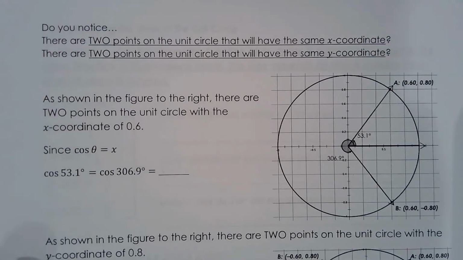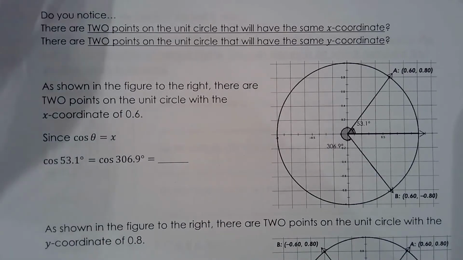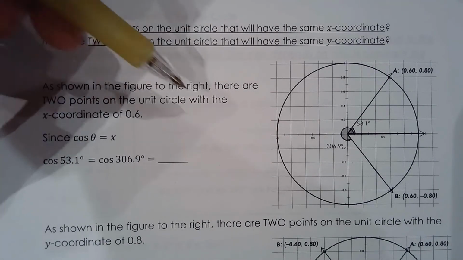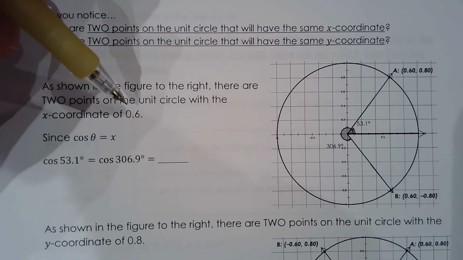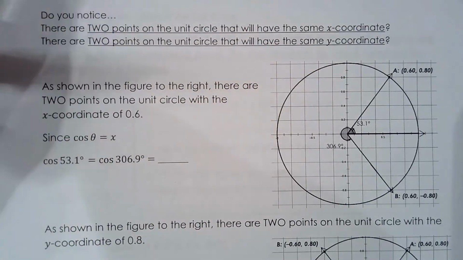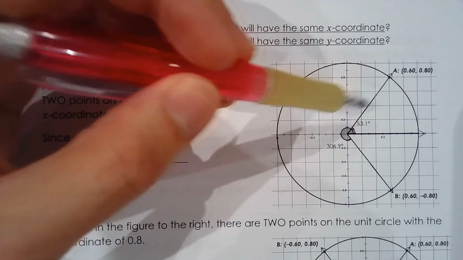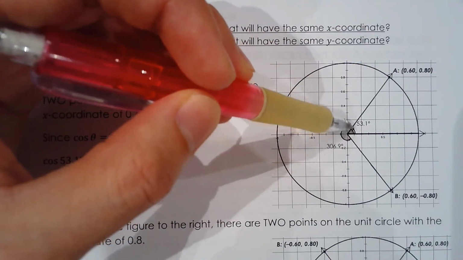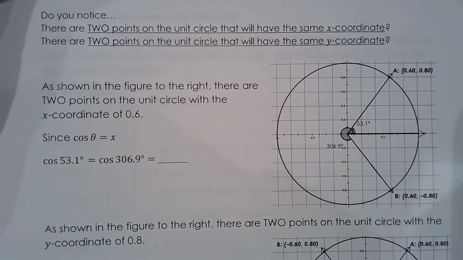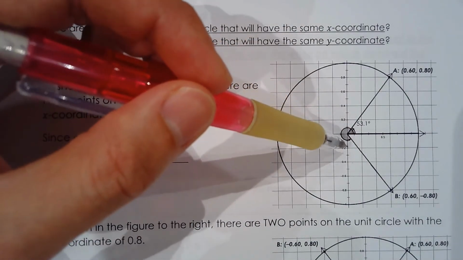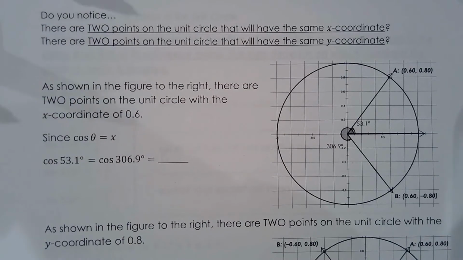Okay, so let's take a look at the first one. As shown in the figure to the right, there are 2 points on the unit circle with the x-coordinate of 0.6. Point A has an x-coordinate of 0.6, and point B has an x-coordinate of 0.6. In order to reach point A, the principal angle is 53.1 degrees. In order to reach point B, the principal angle is 306.9 degrees.